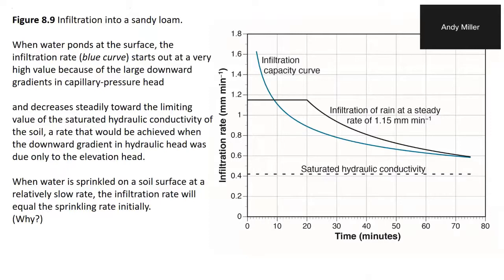And ultimately, you reach a point where the infiltration capacity drops below the rain rate, and from that point on, you see this curve. So we have a flat curve, constant rain rate, until the surface is saturated or the rain rate is no longer less than the infiltration rate, and now you have your curve coming down.